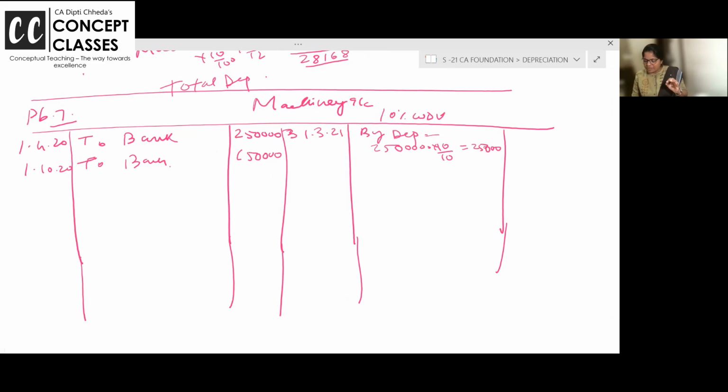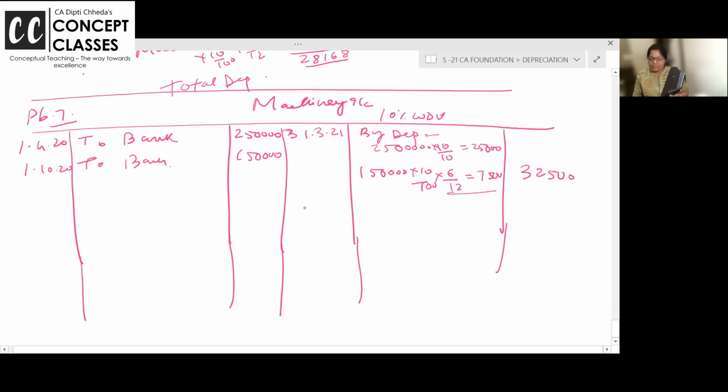The second machine is purchased in October, so 150 into 10%, October to March, 6/12, is 7,500. So total depreciation is 32,500.